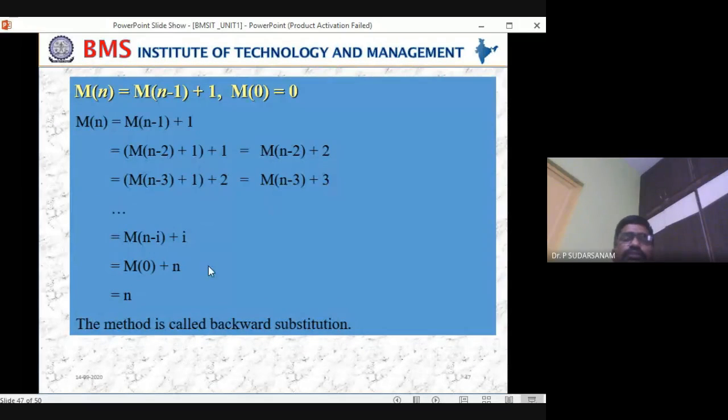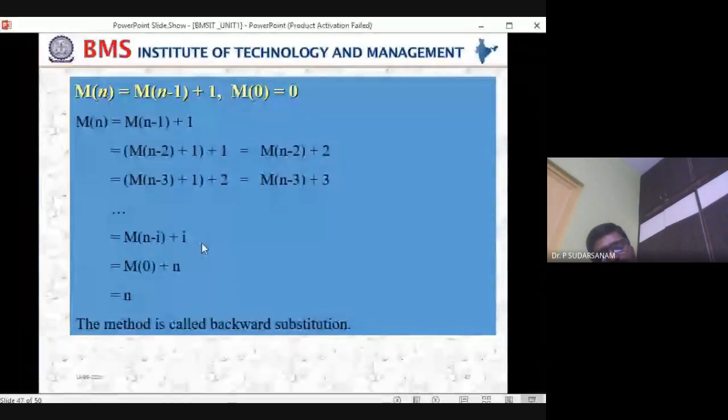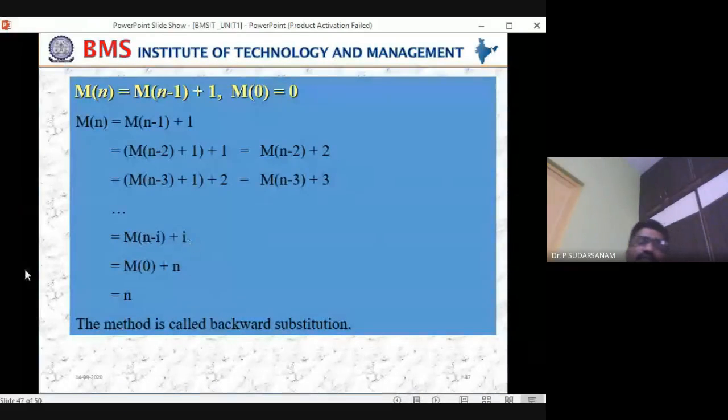Next. First term n minus 1 you got it. Second term n minus 2 you got it. Third term you got n minus 3. Now you write the ith term. Ith term is nothing but n minus i plus i. Once you write this, next you write the nth term.